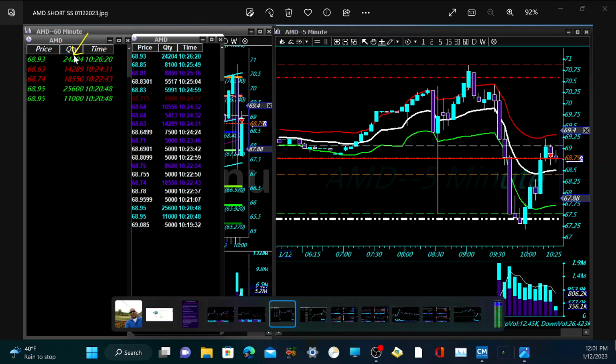This hit above the ask. But these two right here were good incentive to take that trade, because this is below the bid. My entry was 68.79, and they hit this at 68.63 and 68.74. So I'm going in line with these guys over here, you know what I'm saying?